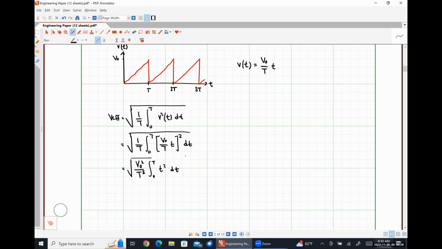What's the integral of t squared? t cubed over 3, right? So we're going to have V naught squared over T cubed times 1/3 of lowercase t cubed evaluated at capital T and 0.